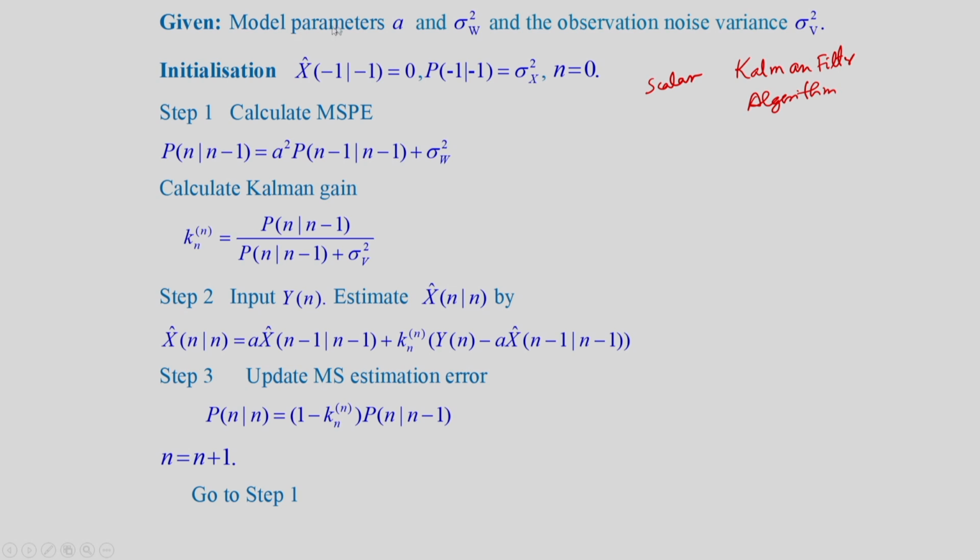Here, given the model parameters A, that is the signal model x_n = A x_{n-1} + W_n, A is given.